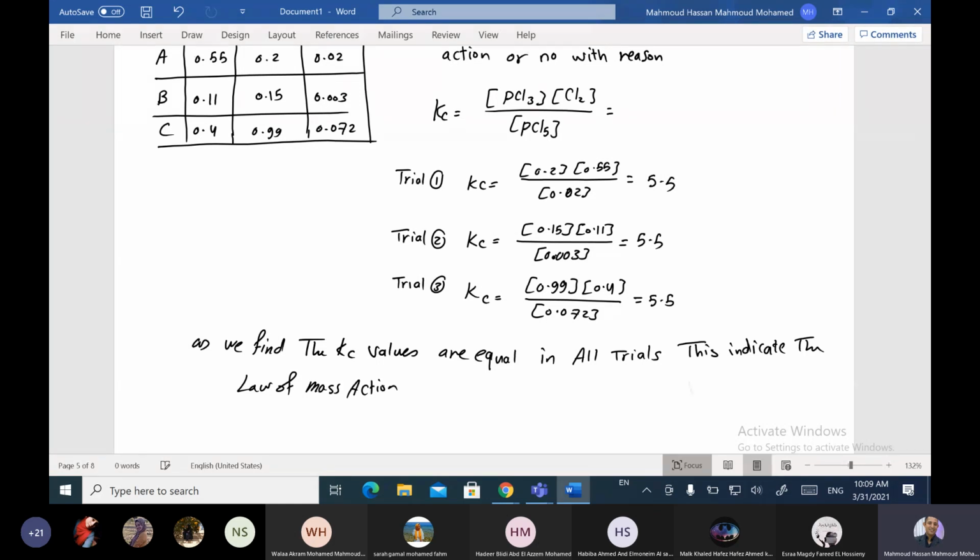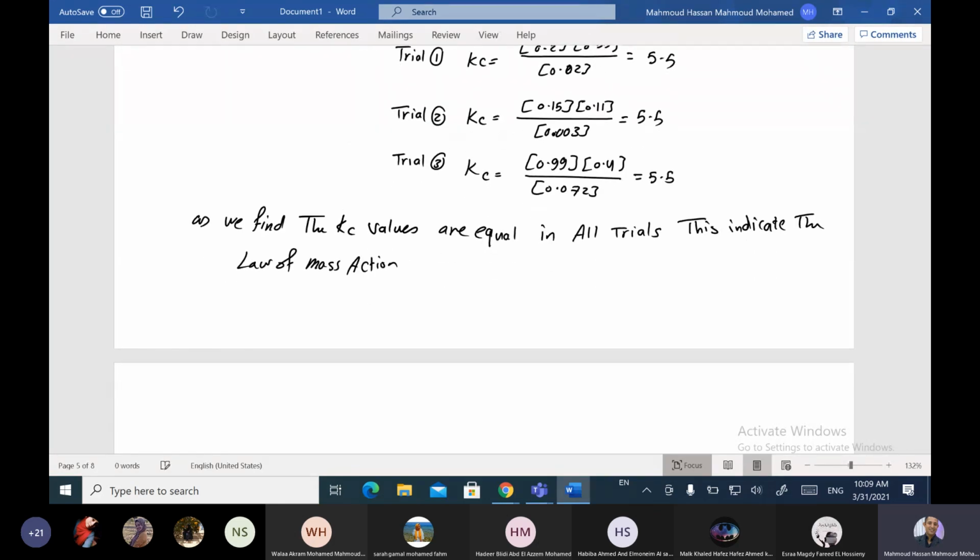So if the Kc values are equal in all trials, this represents the law of mass action.